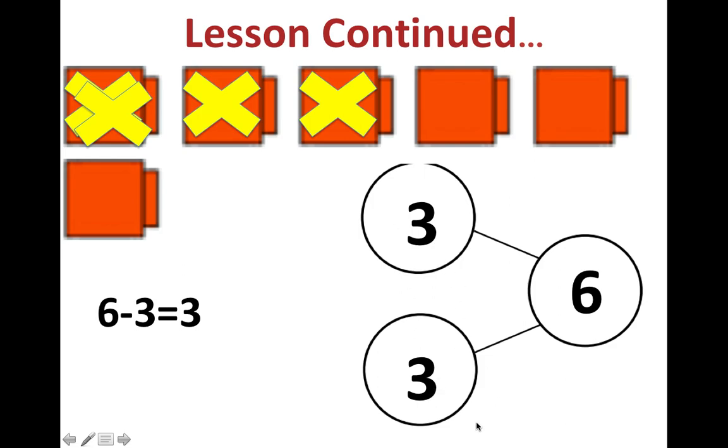No, because they're both the same number. So for a number bond, we have 6, we took 3 away, and we're left with 3. And if we check our work, 3 and 3 makes 6.